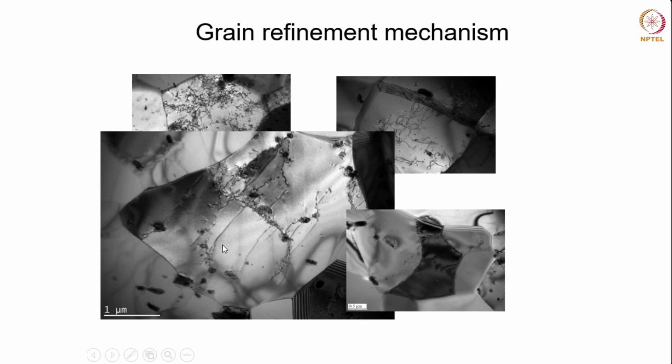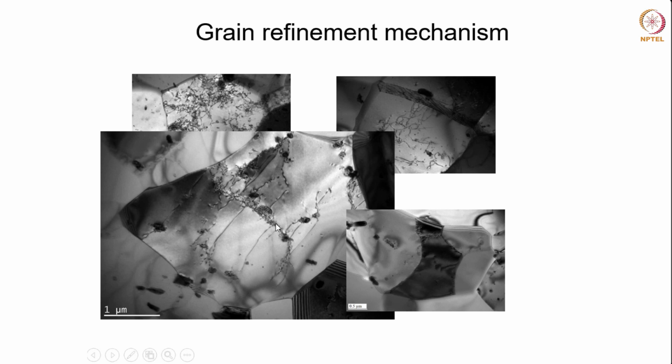You can see that dislocations are still coming and joining this subgrain boundary, for example this dislocation line over here. On the other side also you will see a dislocation line coming towards this boundary to join it, and as more and more dislocations are absorbed into this boundary, the misorientation across it will increase.